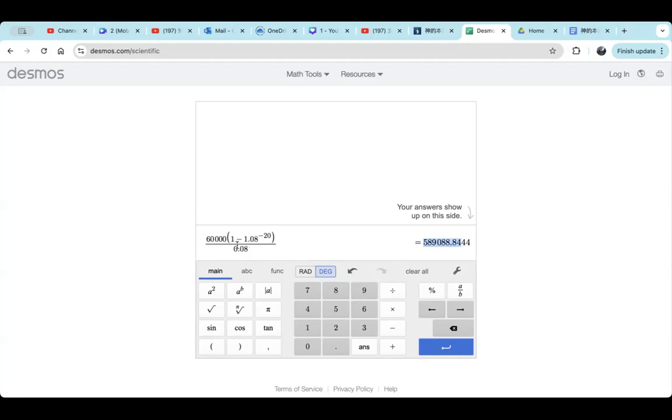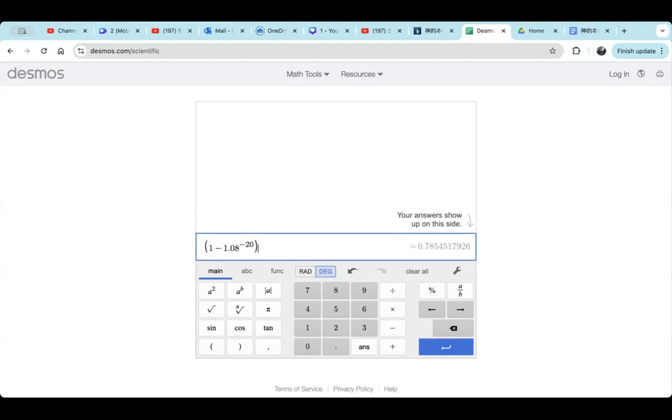If we do it step by step, just calculate the inside first to get 0.78545, subtract that from 1, then divide by 0.08, then multiply by 60,000.